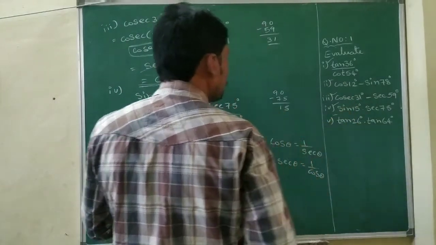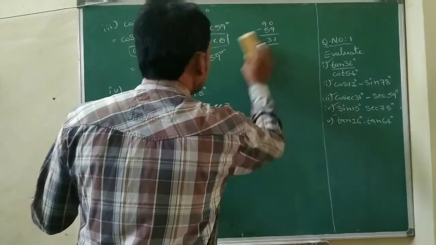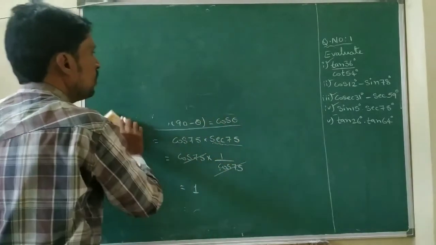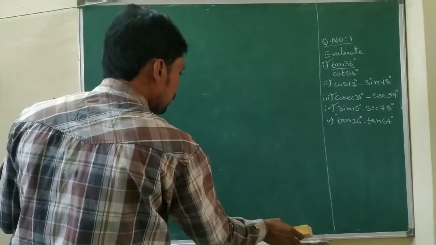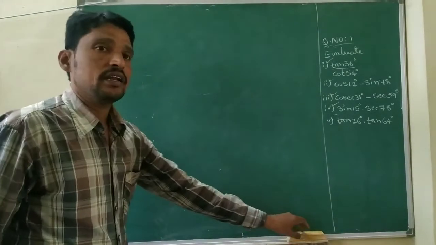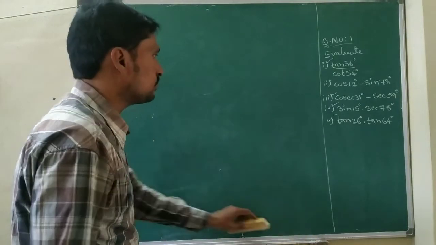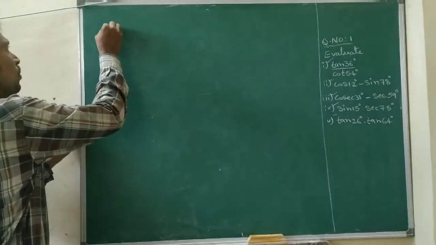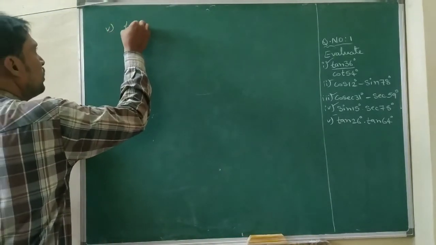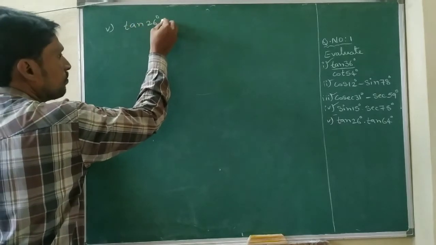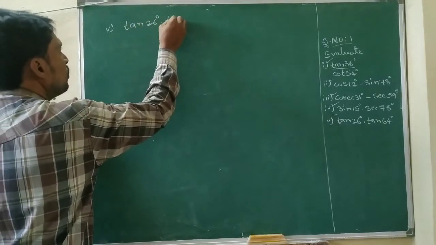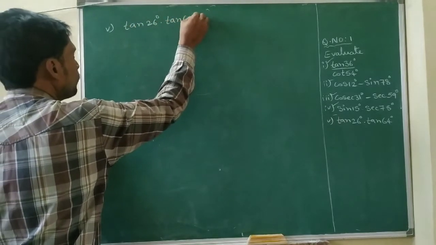Now the fifth problem, a very simple one. It is a 1 mark question and very important. Fifth one: tan 26 degrees into tan 64 degrees.